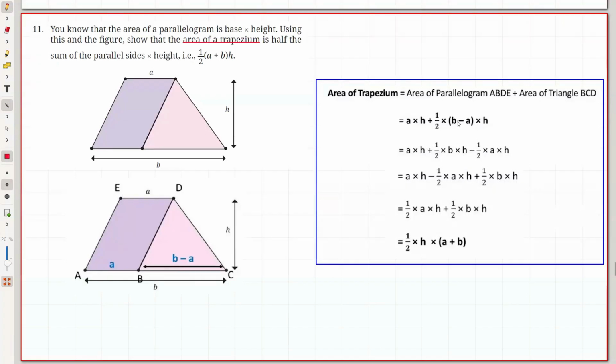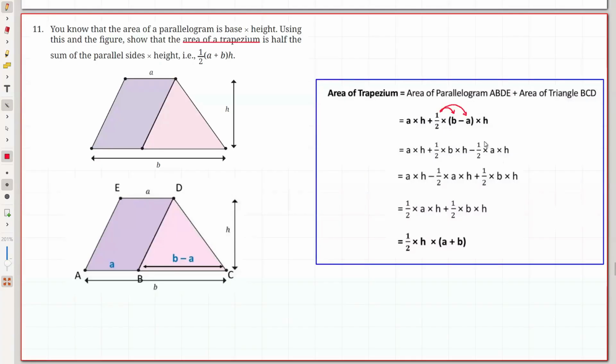Next step, multiply 1/2 and h inside. So 1/2 into b is 1/2 bh, minus 1/2 into a into h.